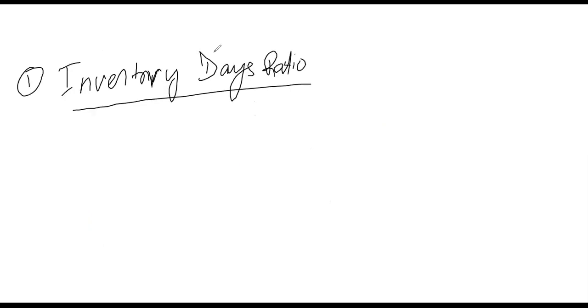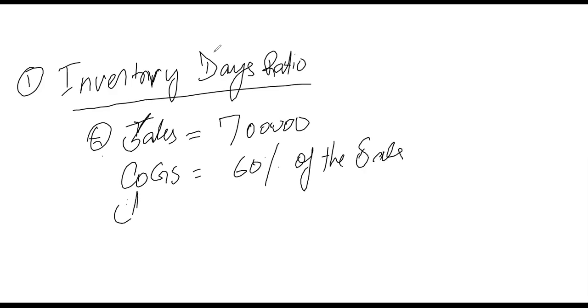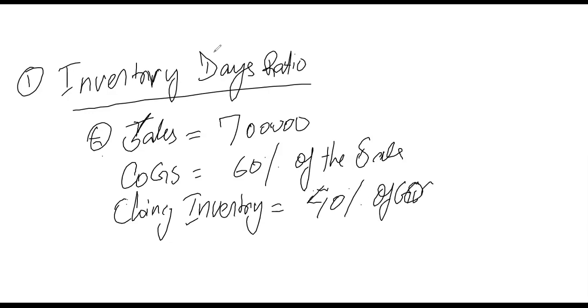Inventory days ratio. The simplest form of example can be, let's suppose we are given a question in which the sales of the company is 7 lakh rupees, and the cost of goods sold constitutes 60% of the sales, and the closing inventory is basically 40% of COGS.